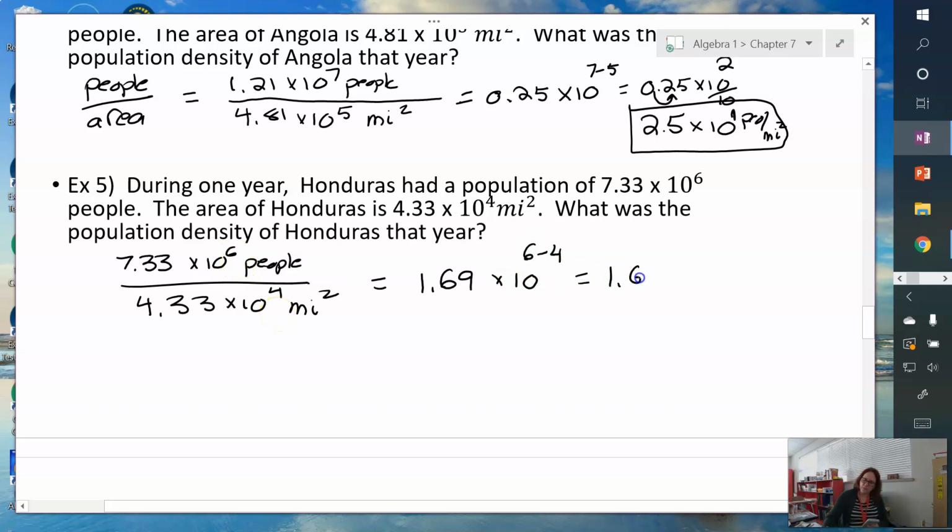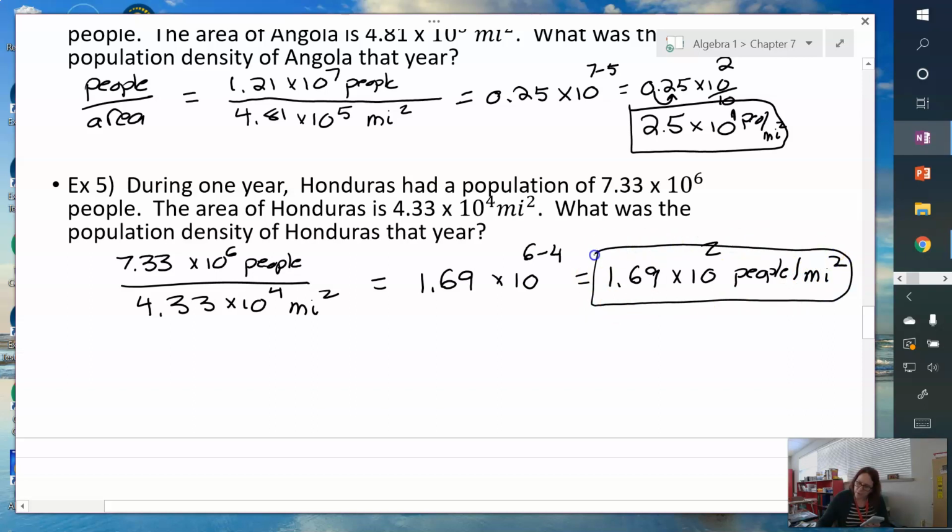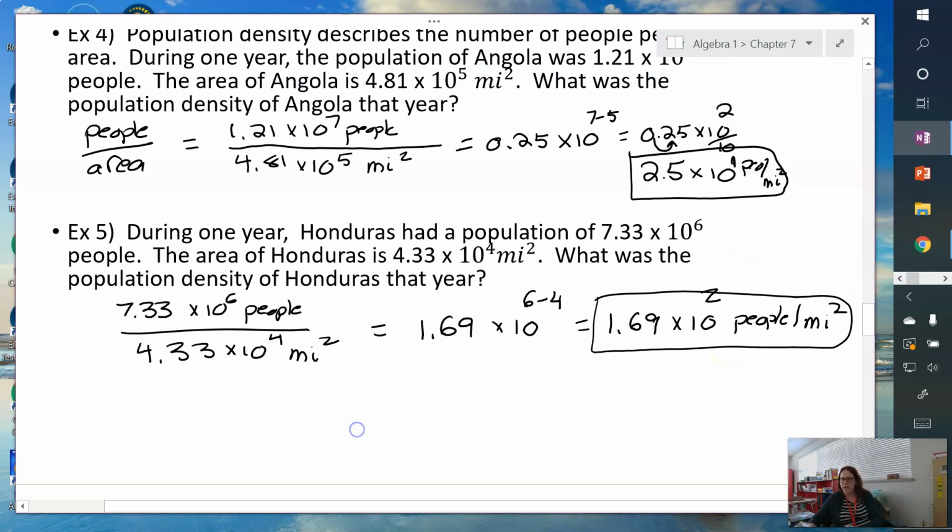That's going to give me 1.69 times 10 to the 2 people per square mile. So compared to Angola, Honduras has 169 people every square mile, whereas Angola has 25 people every square mile.